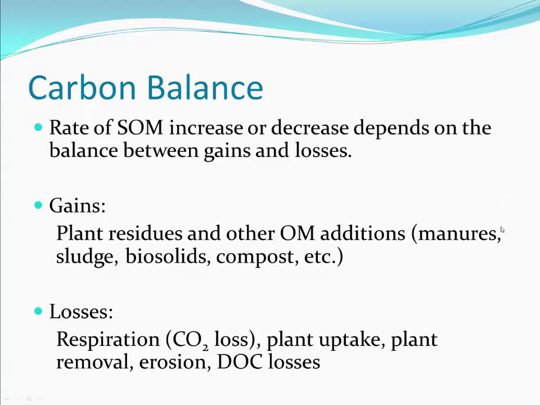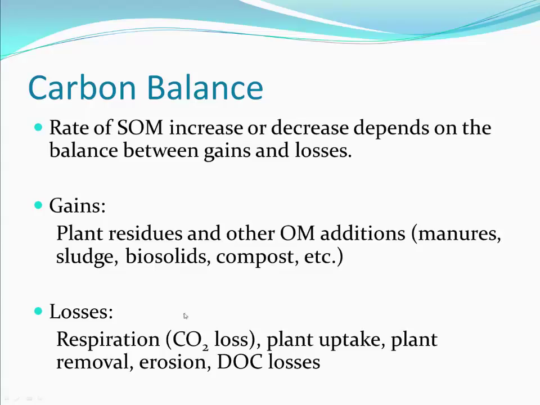Well, speaking of the carbon balance, and that's what we've been talking about, is maybe increasing. How do we increase the amount of carbon in the soil, or even just decrease the losses? Well, first we have to understand the balance and where are the gains. The gains are from organic matter additions, and this can be manure, sludge, biosolids, compost, plant tissues, plant residue.